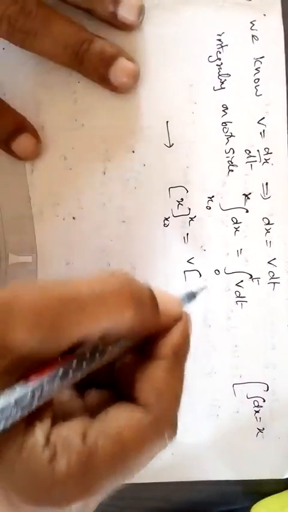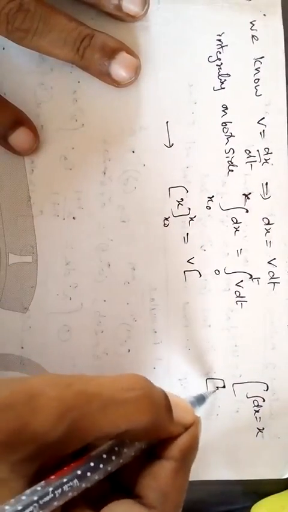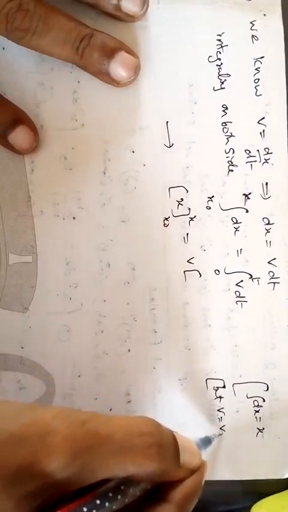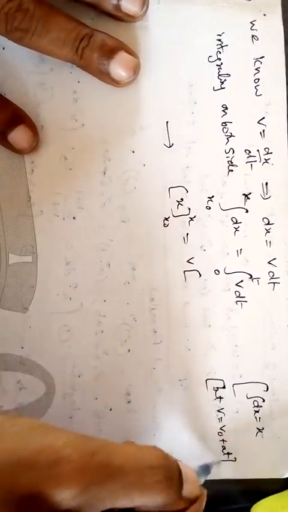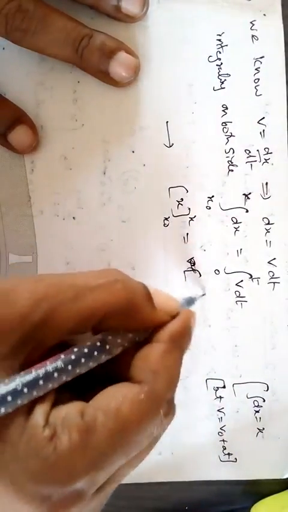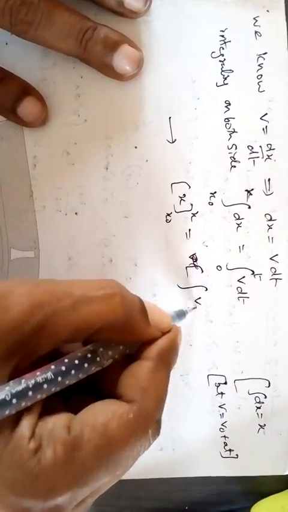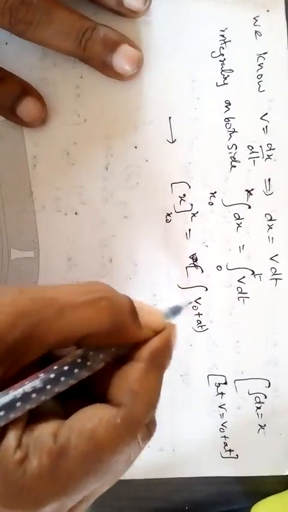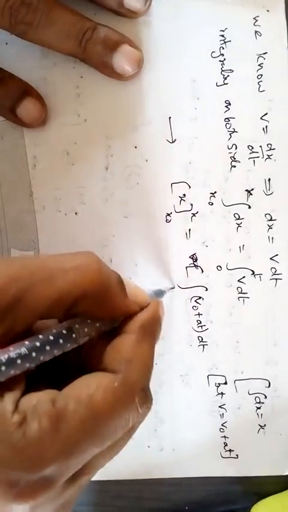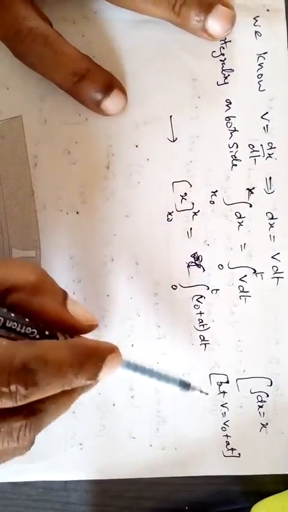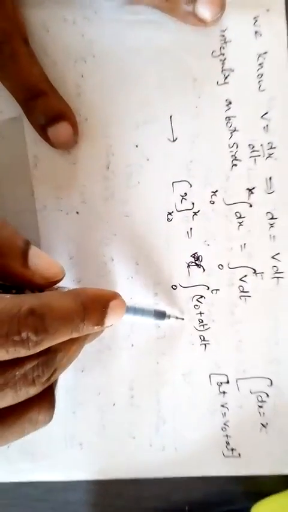Now see here, we have this v formula. But v is equal to v0 plus at, so what we do is write the integral of v0 plus at into dt, limits 0 to t. What I did, in place of v I have written v0 plus at, makes no difference.